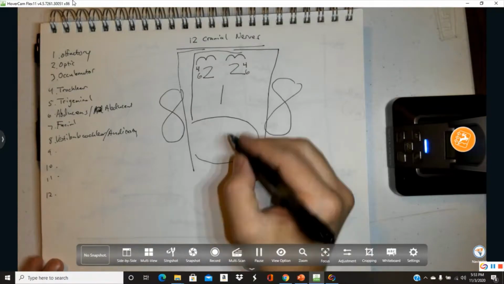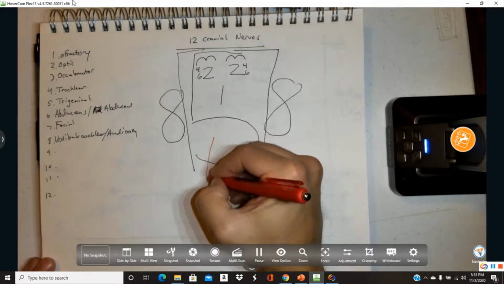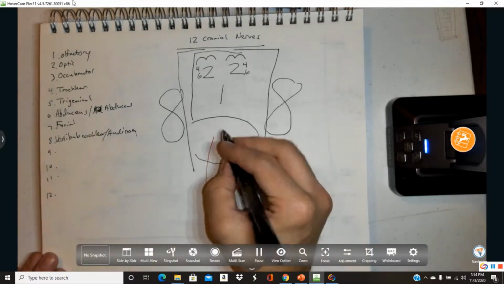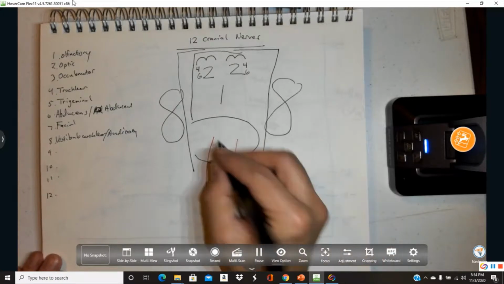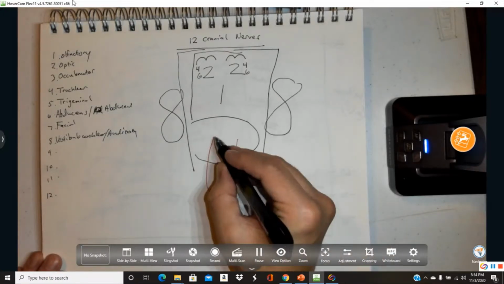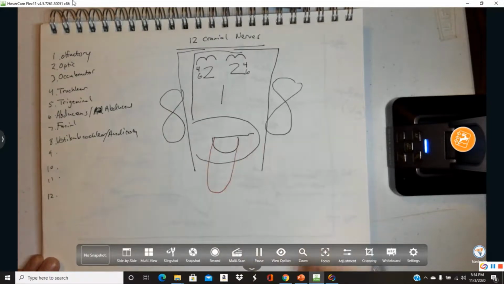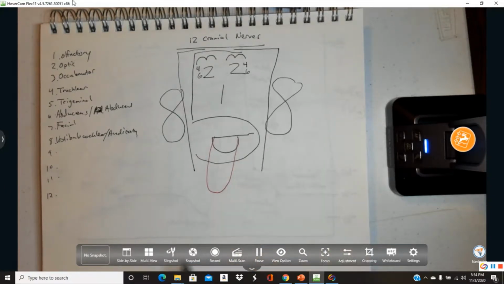Number 9, so what we're going to do with that is make this guy stick his tongue out at us. I meant to do this. I'm sorry. I started doing this where I do a 9 like that for the tongue. I forgot that 9 for the tongue here. I changed it a little bit.